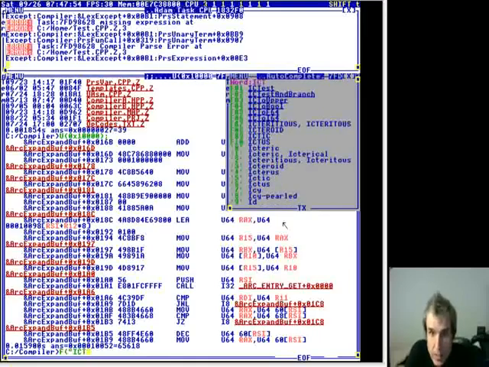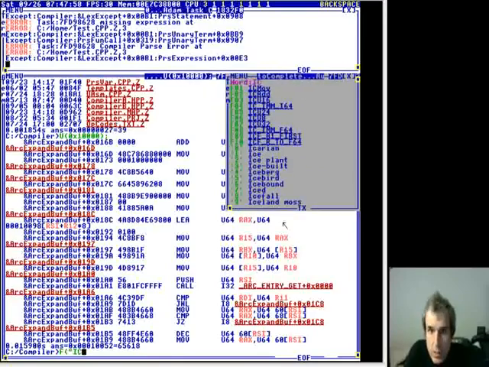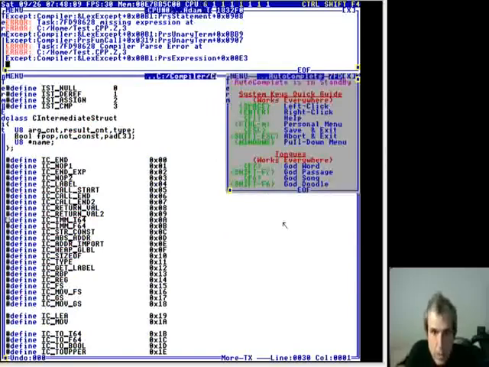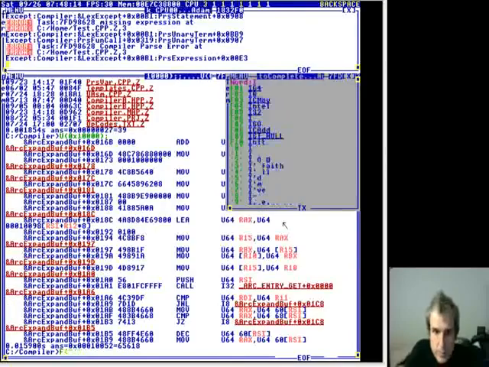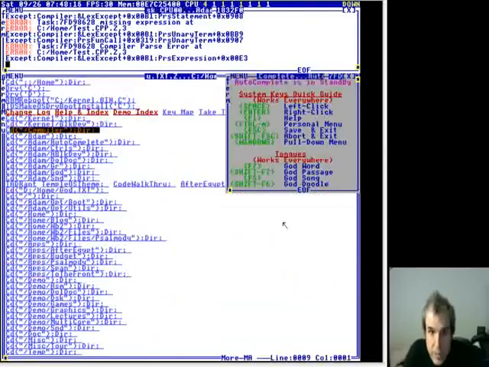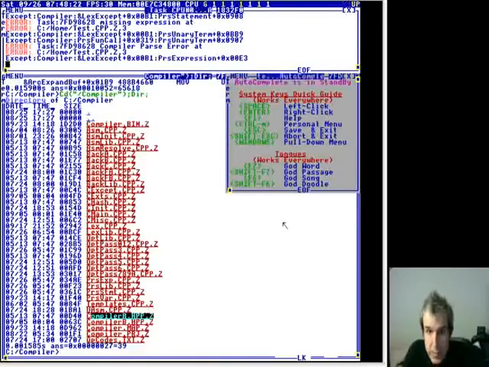Intermediate code. Okay. So let me show you how you add an inline function, because it doesn't do inline functions normally.